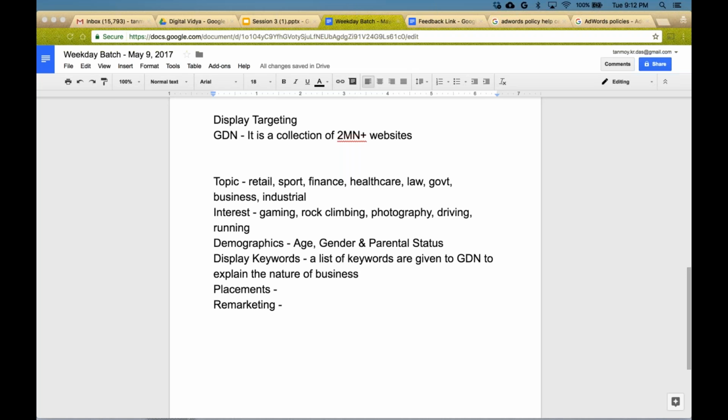So Jatin, here we are not bidding for the keywords. When we're talking about display campaigns, we don't bid for keywords. The way keywords are used in search, we don't use it in the same manner in display.